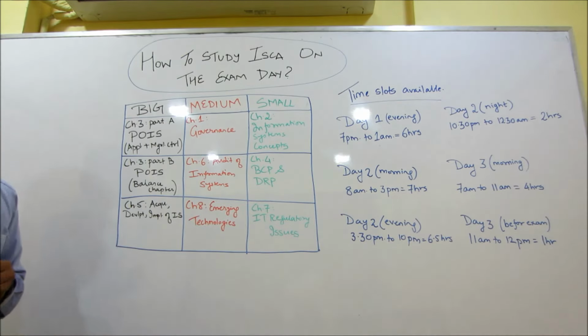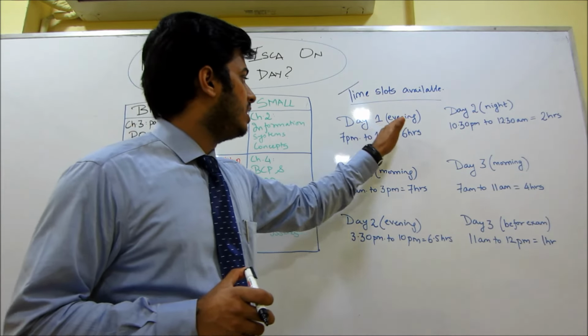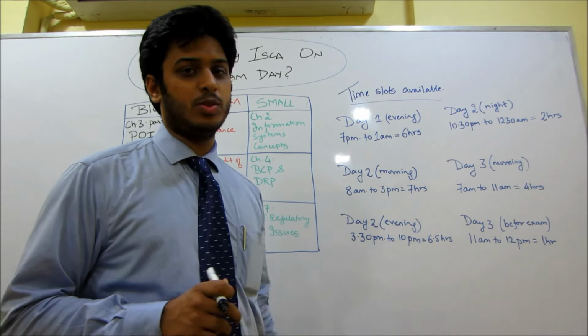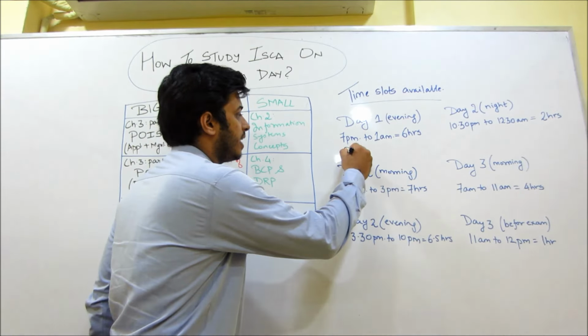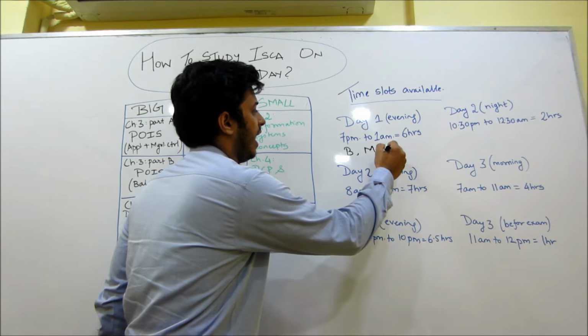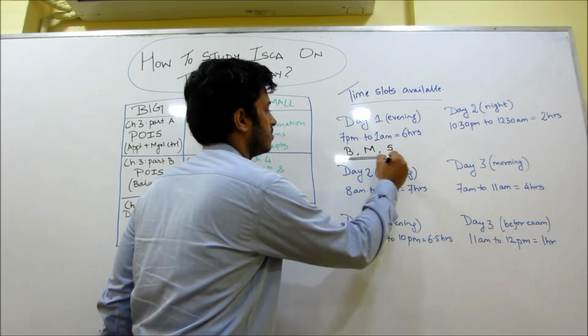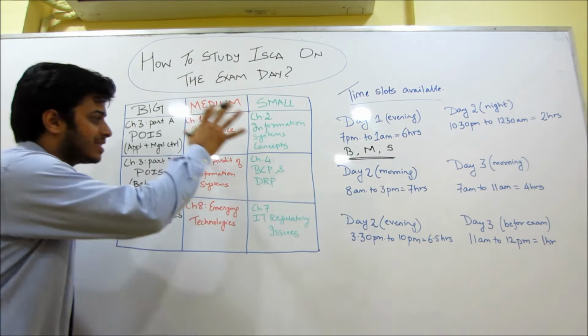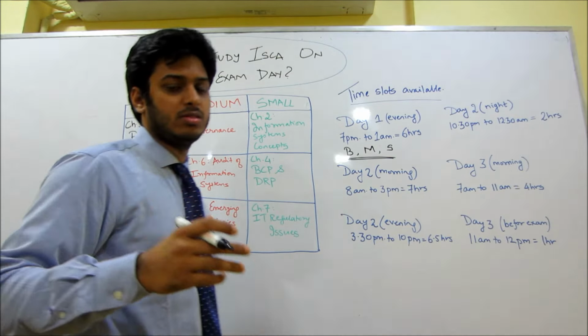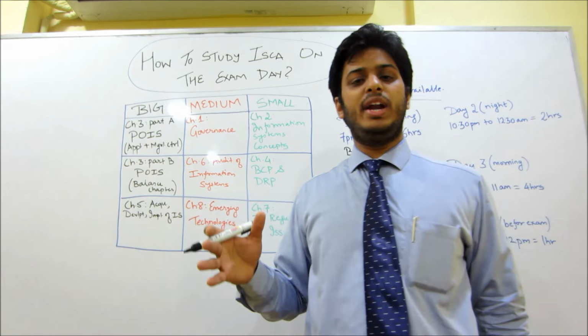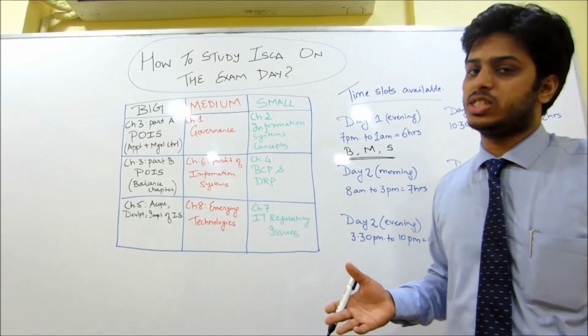First of all, on your day 1 evening, 7 p.m. to 1 a.m., you need to cover 1 big, 1 medium, and 1 small chapter. So from this list, you can pick your best big chapter, your favorite medium chapter, and your favorite small chapter.